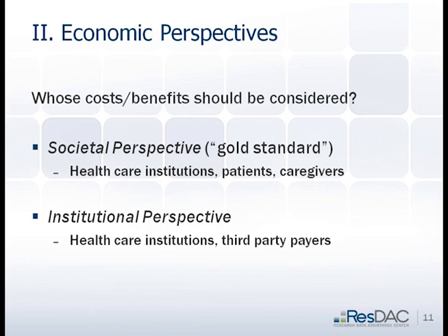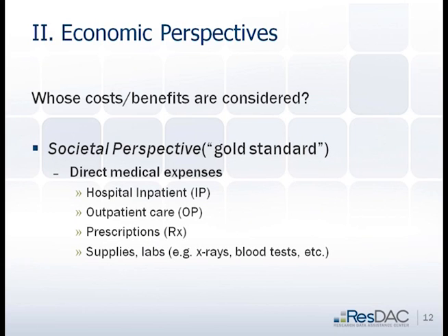In the societal perspective, now you have to do some data collection, and you are actually working with the patients or the caregivers or whoever's involved in your study, and you're going after such things as, we'll get to in the next slide, the indirect costs and travel time, et cetera.